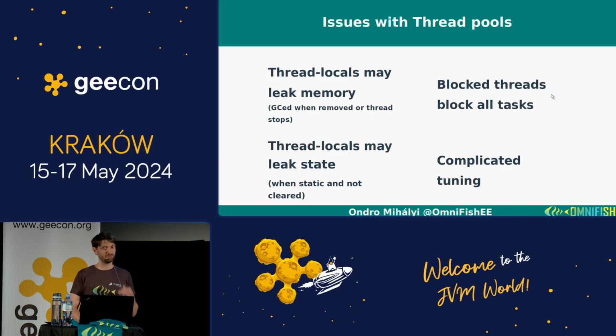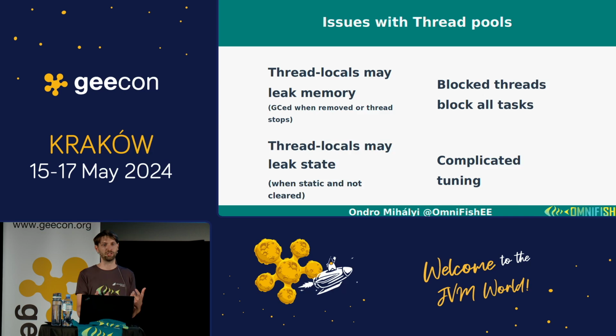There are also problems with this, because you may use thread locals in your threads, and then what happens with thread locals? Thread locals are removed from memory under two conditions. When you call a remove method. Remember, thread local is basically a container for a value. So you set it to a value, you modify the value, but you can also remove the value from that container.